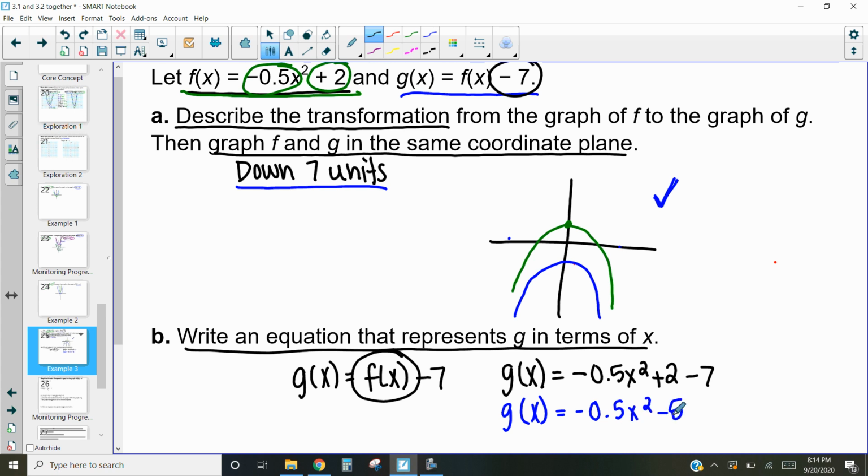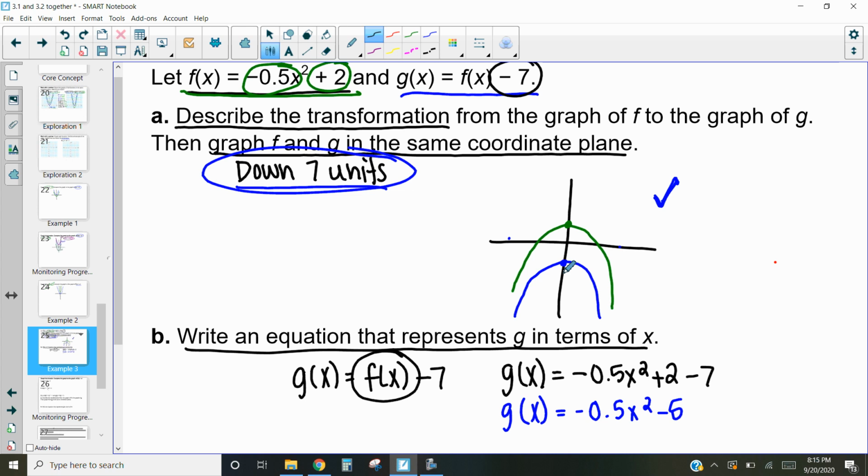And we can see that that shifted down 7 units. Our new vertex is at 0, negative 5. I apologize for making that mistake. I make mistakes all the time, just like you do. Again, we were moving down 7 units, so I needed to draw that blue function down 7 units, not up.